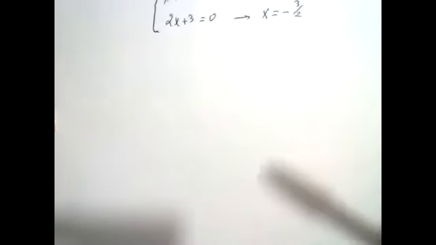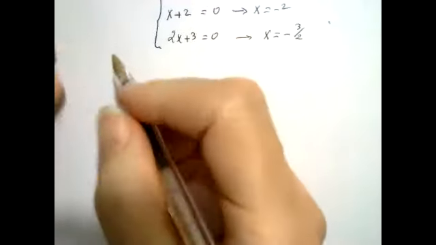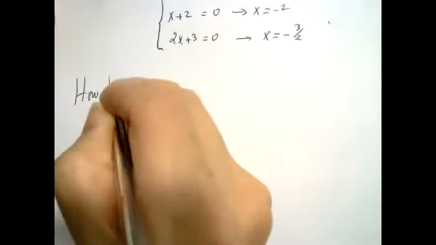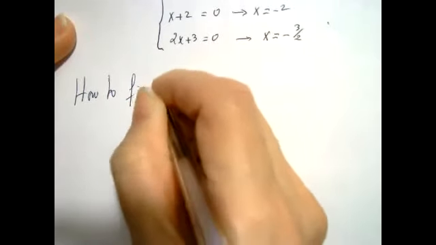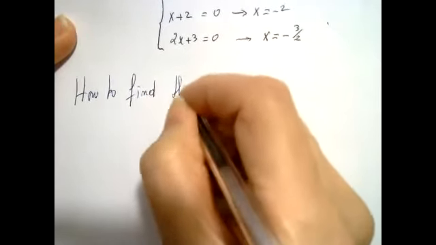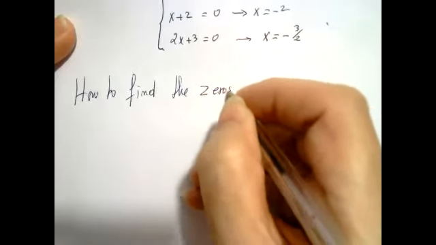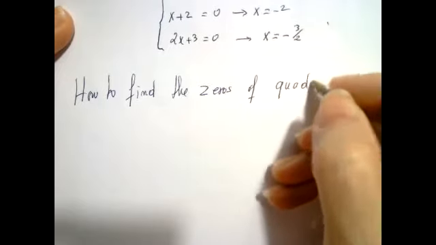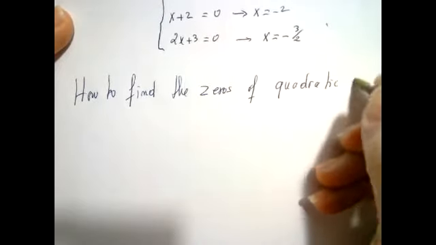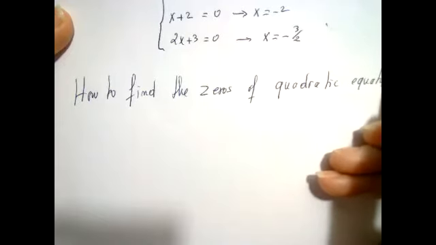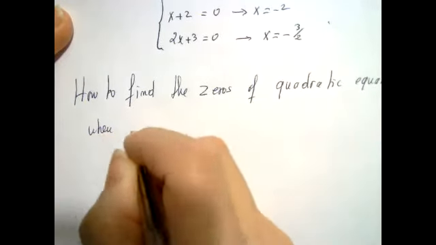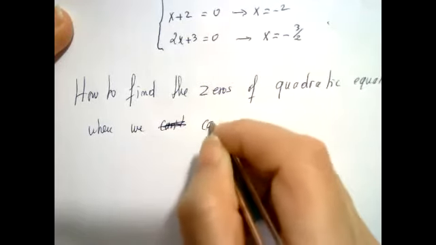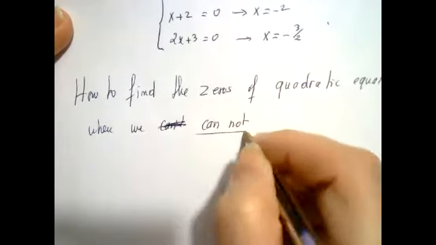Finally, the zeros of a quadratic function, and the formula that you guys dread. How to find the zeros of a quadratic equation when we cannot factor.